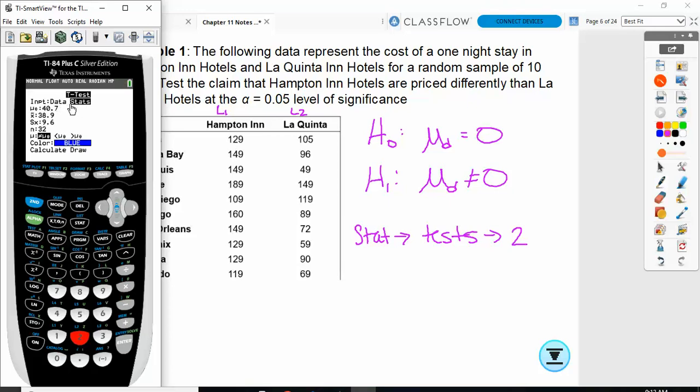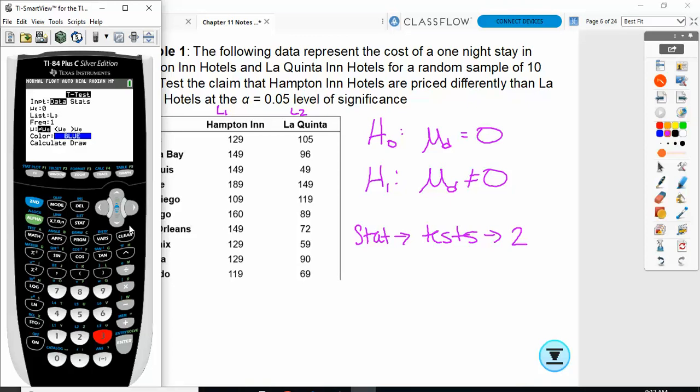All right, do I want it off data or stats? Data. We just entered everything in data. But it says the mu of the null hypothesis. What is the mean of my null hypothesis? 0. And lists. Which list do I want to calculate everything? L3. So second number 3 would change that to L3.